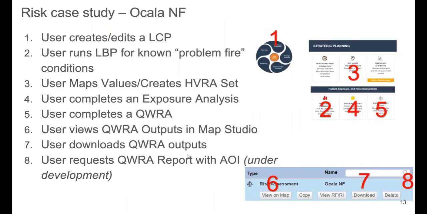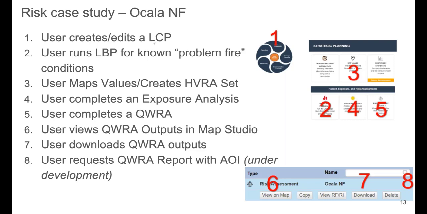So I'm going to walk you through one example case study from the Ocala National Forest by slide and then in the interface. And I did sort of put numbers on the steps and then show you where in the interface they are. So the steps, 8 steps here, and really it's 5 to run a risk assessment, and then 6, 7, and 8 are sort of what you can do once you've run the risk assessment.